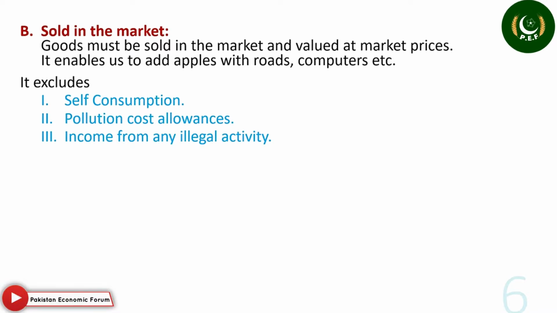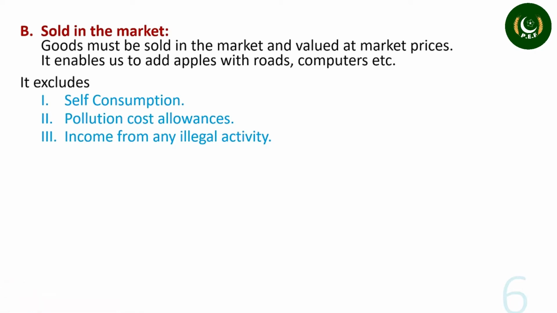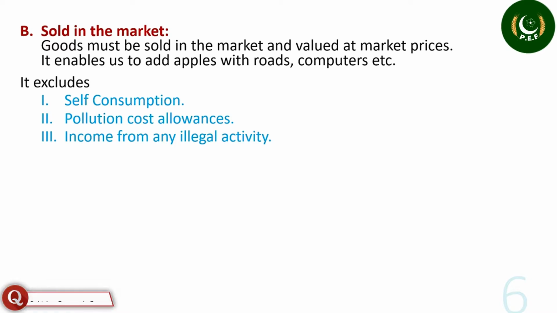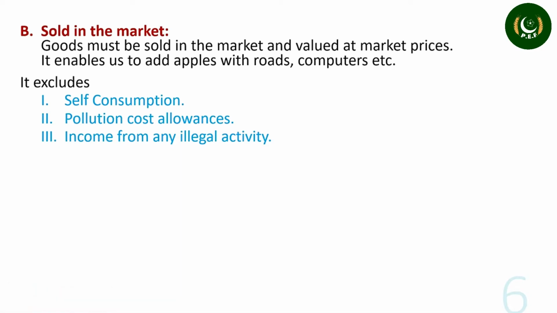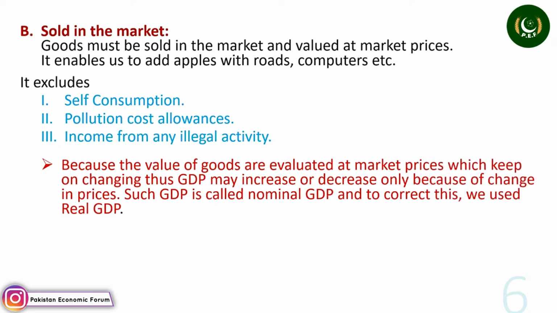It is also important to note that as the values of goods and services are evaluated at market prices, which keep on changing, GDP may increase or decrease only because of change in prices. Such GDP is called nominal GDP, and to correct this, we use real GDP.